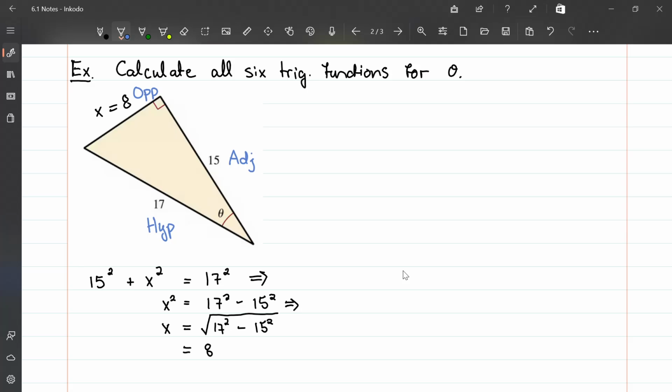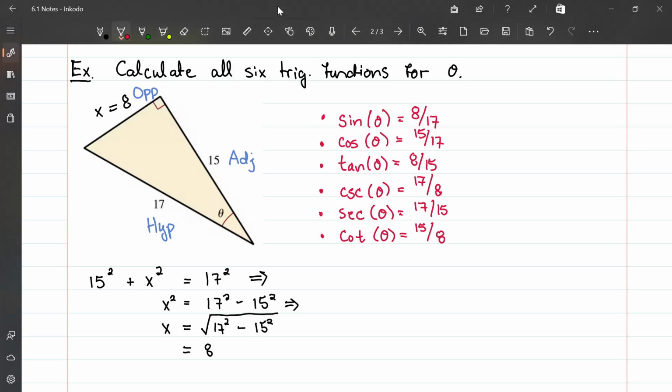If you need to go back, go look at them. All right, here it goes. And there they are. Sine all the way through cotangent. Nothing too difficult. Again, all we're using are the definition fractions that we gave up above and on the previous page.